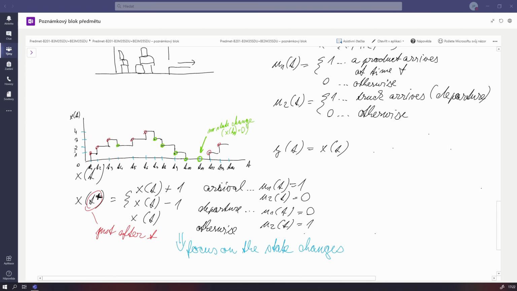This leads us to characteristic properties of discrete event systems.